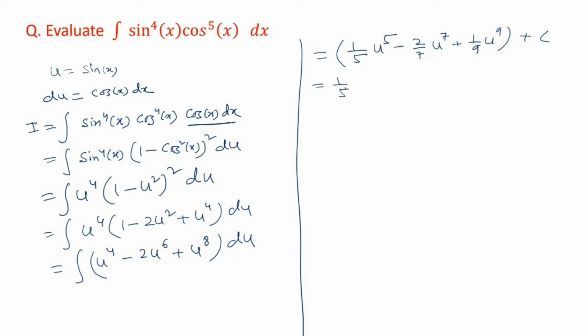Now substitute back the u. So 1 over 5 u to the power 5 is sine to the power 5 x, minus 2 over 7 u to the power 7 is sine to the power 7 x, plus 1 over 9 u to the power 9 is sine to the power 9 x, plus c.